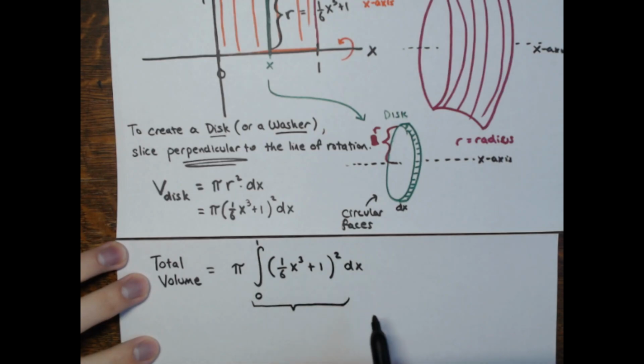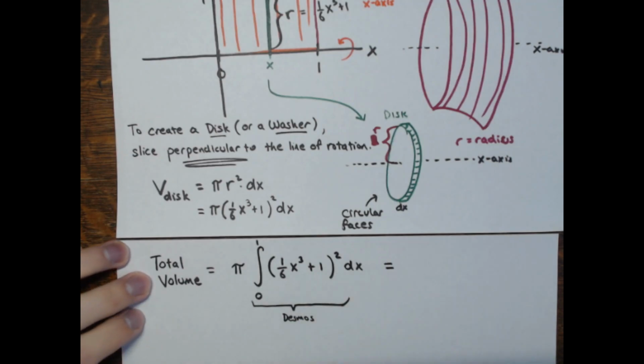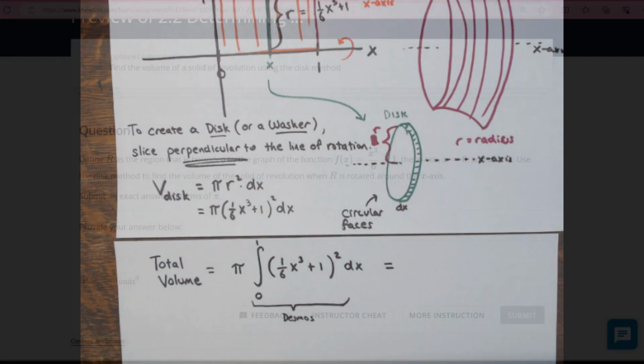Because this is going to be a nice polynomial with rational coefficients, rational powers, I'm going to do this on Desmos just to save me some time. But if I were testing you, I would expect you to expand that and integrate term by term, plug in 1, plug in 0, subtract, and then whatever your result is gets multiplied by pi. All right, so I'm going to enter this integral on the Desmos site.